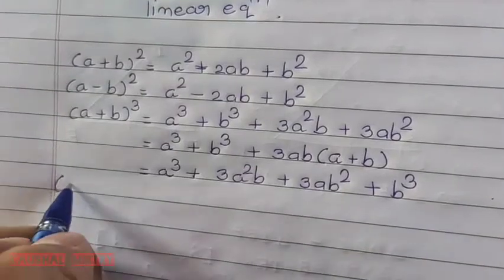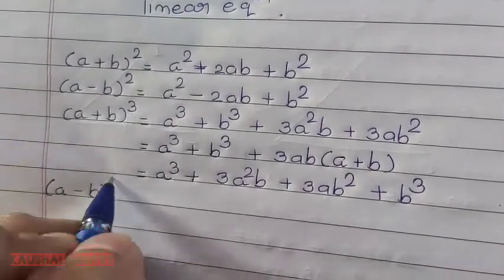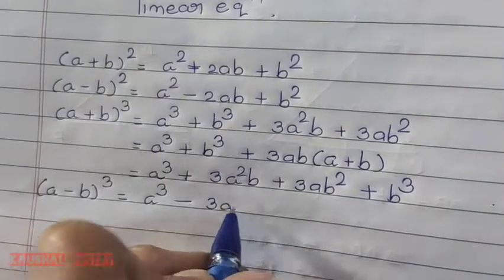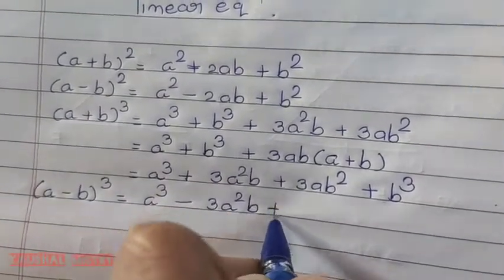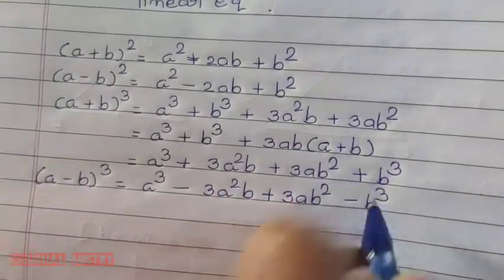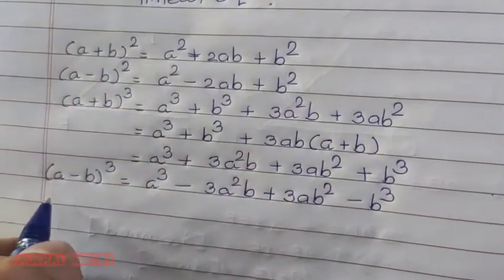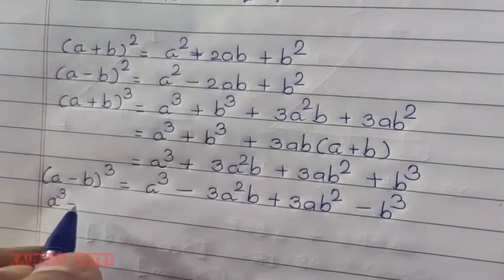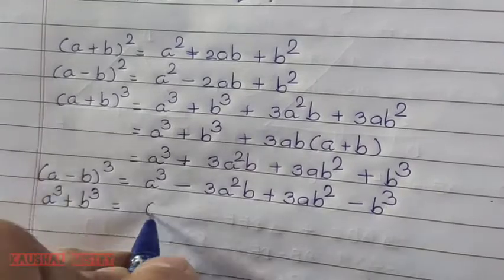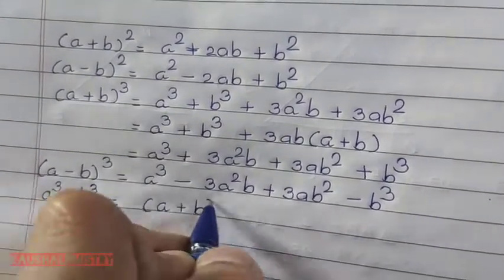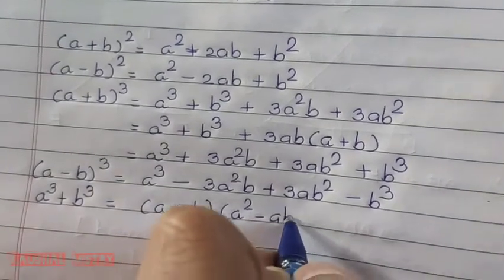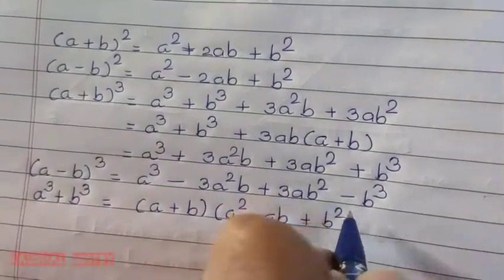Now another one is a minus b whole cube, that is a cube minus 3a square b plus 3ab square minus b cube, right? And the last one, a cube plus b cube is equal to a plus b, a square minus ab plus b square, right?